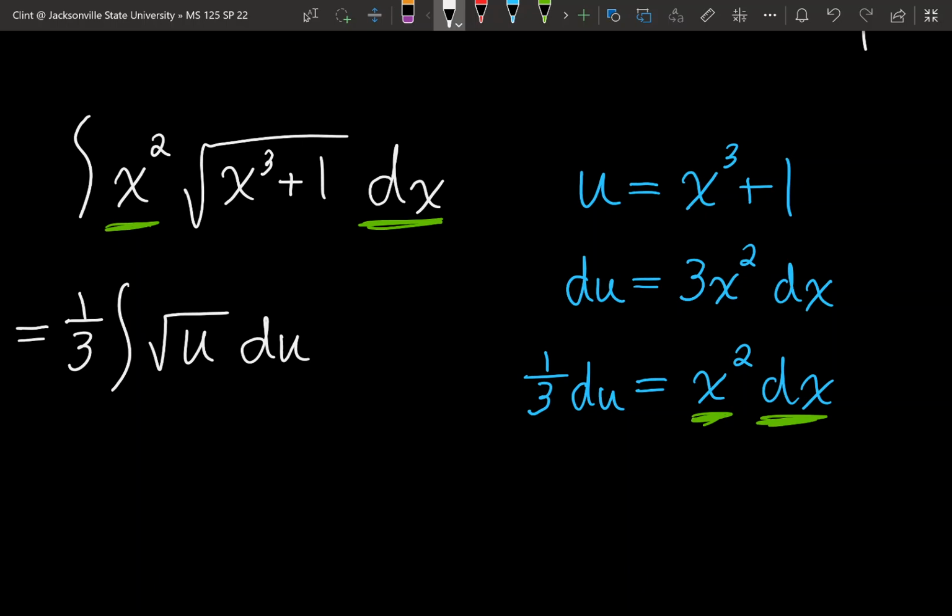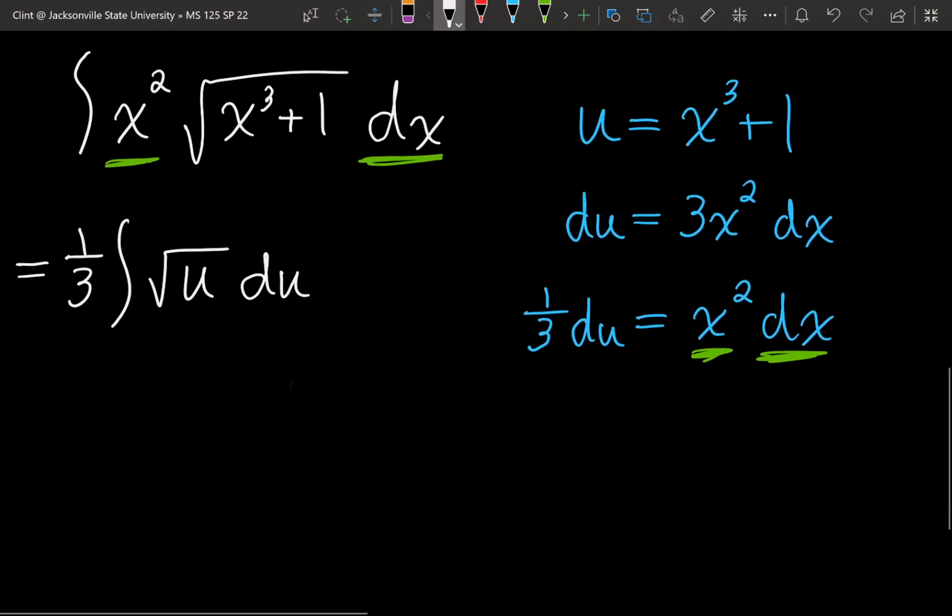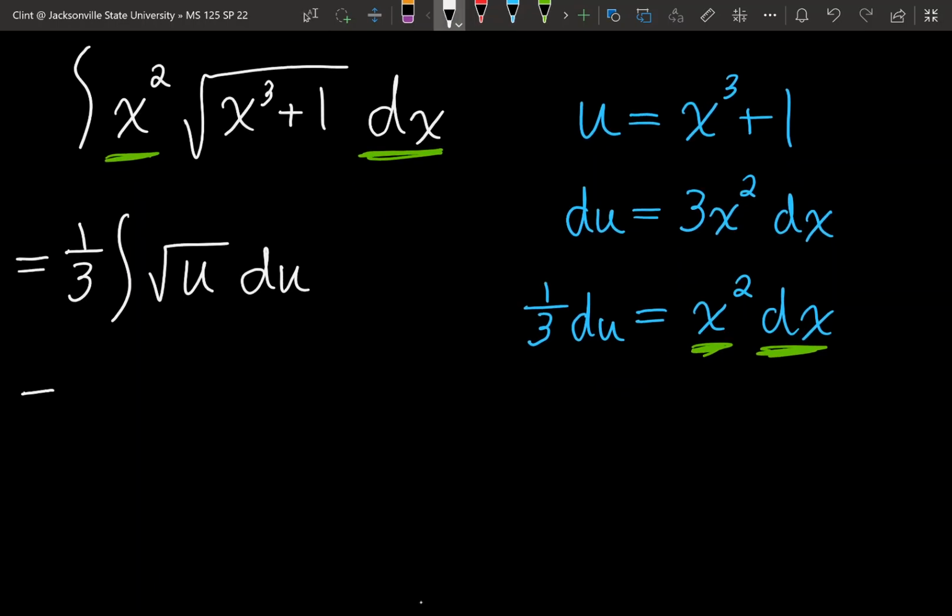Okay. So then what? Square root of u. What can we do then? Yeah, if you're thinking ahead, that'd be u to the 1/2.